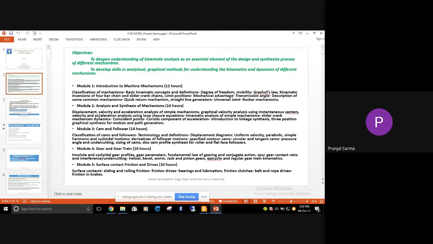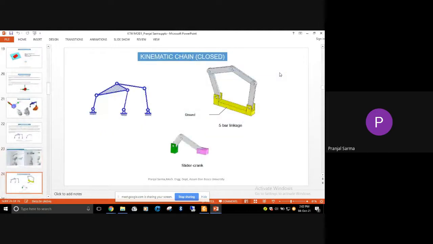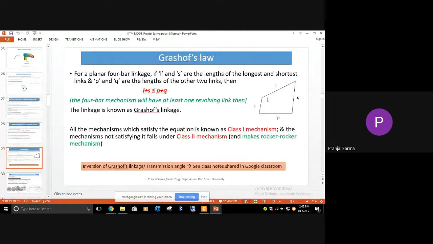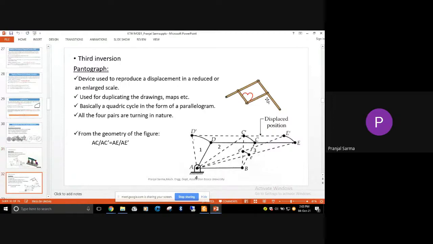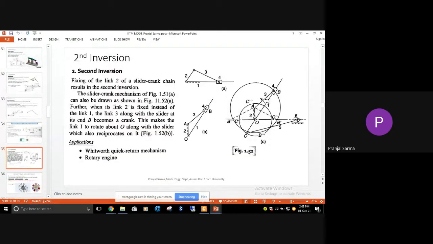Then we have discussed different mechanisms: straight line motion mechanism, engine indicators, etc. Intermittent motion mechanism, all those things we have already discussed. So if you still have any doubt with respect to the first module, you can ask. Otherwise, today we'll be going for the next module. So all of you have understood the first module, right?